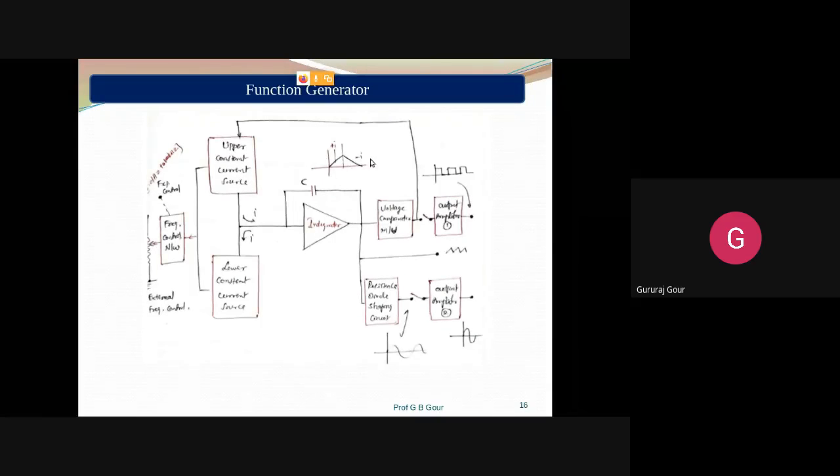Once it reaches the upper threshold, the comparator multivibrator will tell the integrator input, now you disconnect the upper constant current source and connect the lower constant current source. Now the lower constant current source will start sending negative current. Because of that, the voltage across the capacitor C starts decreasing. Again, its slope is decided by the input frequency.